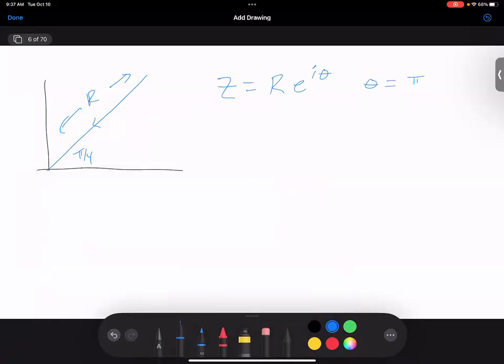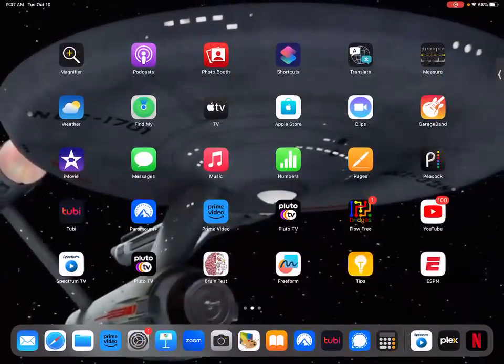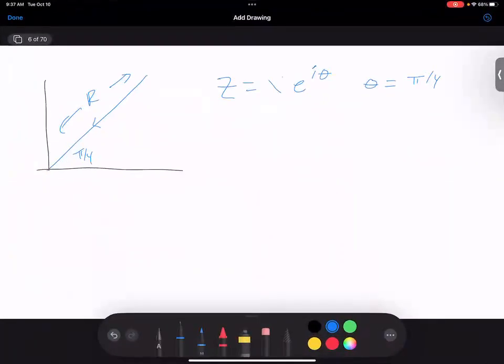It's always going to be pi over 4. And this should actually not be an r. I should really call this x. And x is going to go from r down to 0. That's going to parameterize the line that I'm coming down.